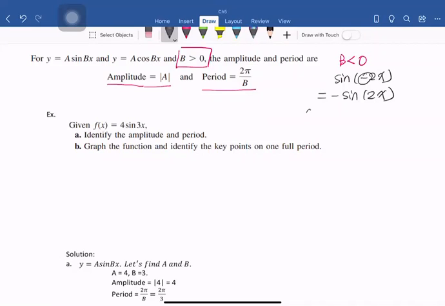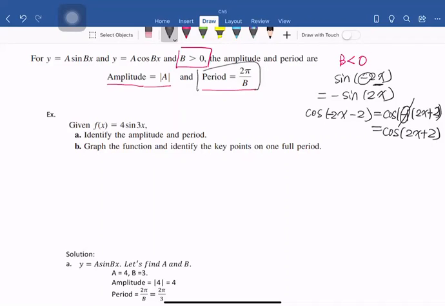If I have cosine of negative 2x minus 2, factor out the negative 1: cosine of negative 1 times 2x, change the sign, plus 2. Then this becomes cosine 2x plus 2. Period equals 2 pi over b.